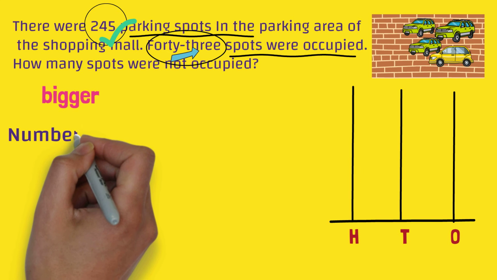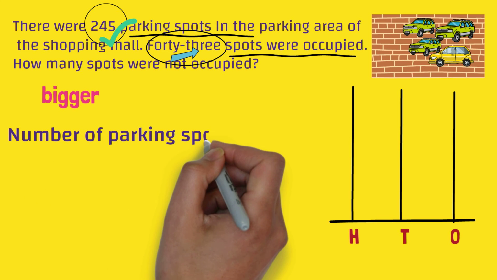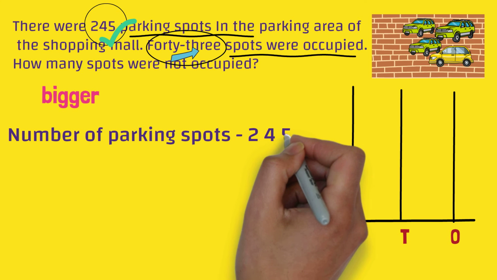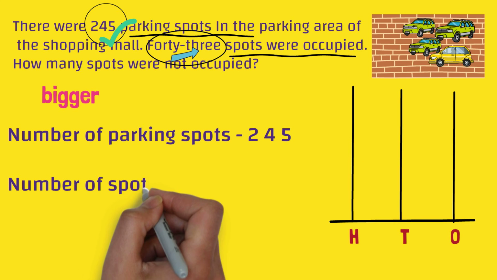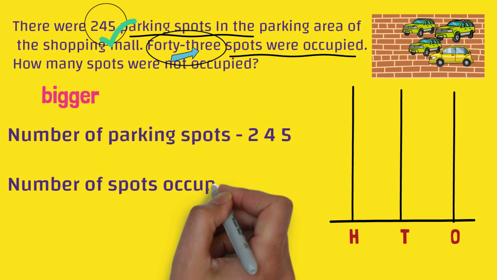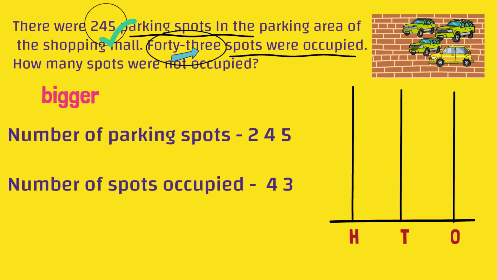So number of parking spots equals 245. Our next statement is number of spots occupied. How many? 43.